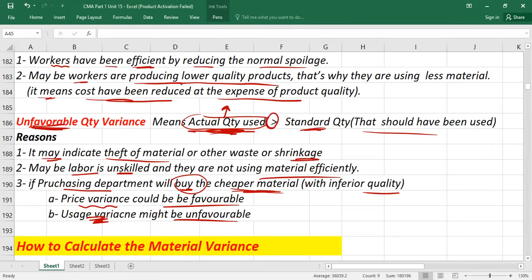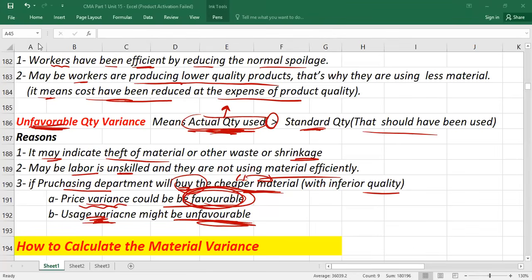If the purchasing department buys high quality material, then price variance will be unfavorable and usage variance will be favorable, just opposite. Understood? Now guys, I'm going to move to how to calculate the variance. Is that clear? Theoretical points are clear, guys?